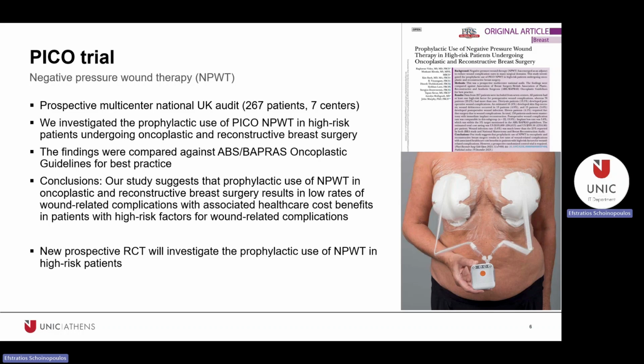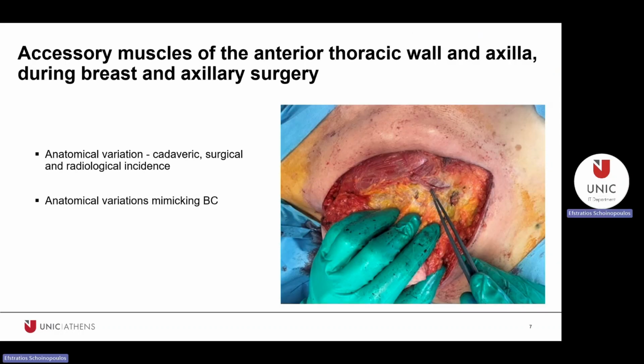By using this device, we had fewer complications than that. Now we're planning to start a study to randomize patients with the same characteristics and see if we use this and we don't use it, is there a difference? So to have a better evidence about what we have found. Of course, as I said, my PhD was in anatomical variations in the field of breast and axillary surgery.